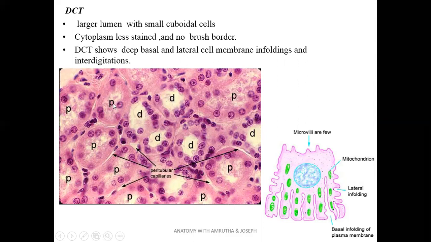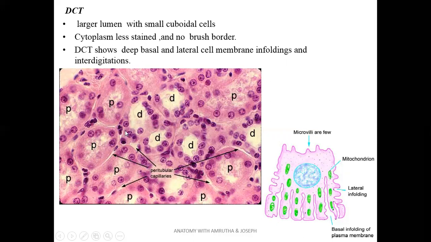Why? The lumen of the PCT is smaller because of the presence of microvilli, whereas here they are absent. In the DCT, one cell is in focus, where deep basal and lateral infoldings can be seen. This is to increase the surface area.